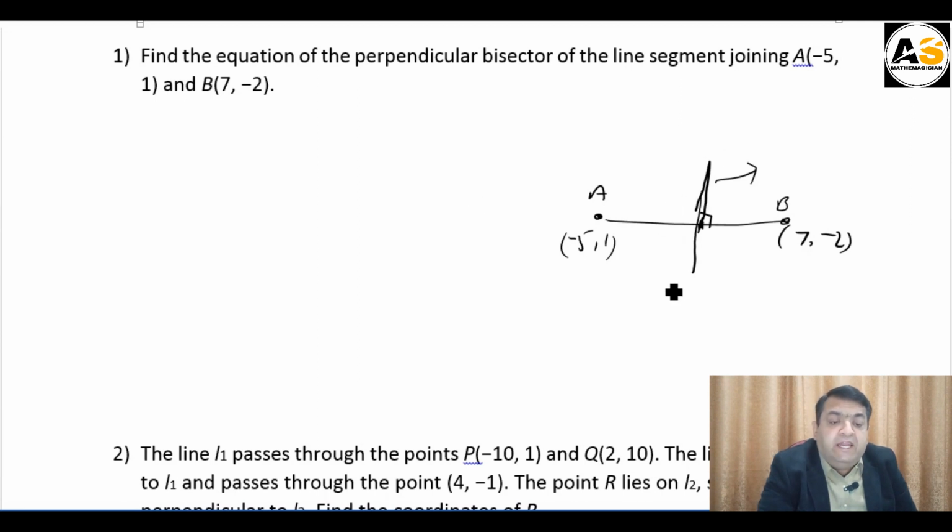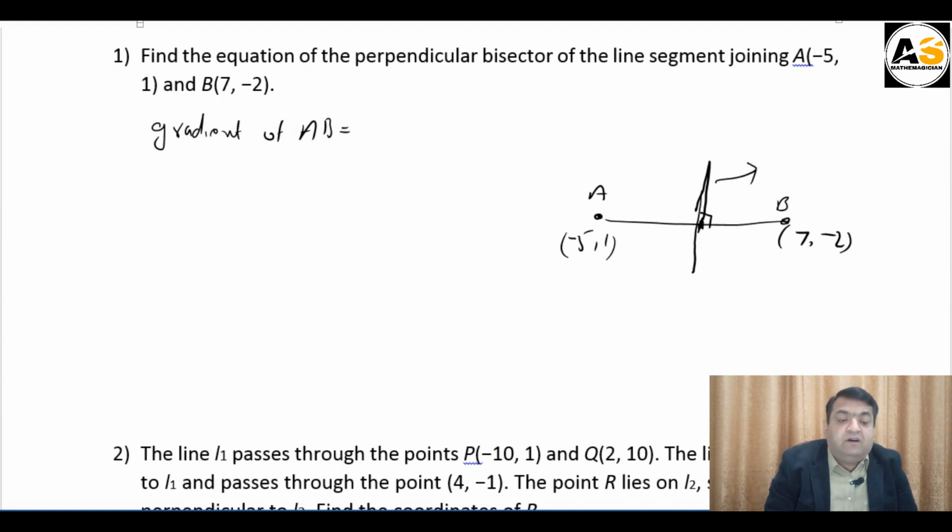Do we know any point of this line? We have 3 different forms. Gradient intercept form: do we have the gradient of this line? No, we don't. But we have the gradient of AB. The gradient of AB will be calculated easily.